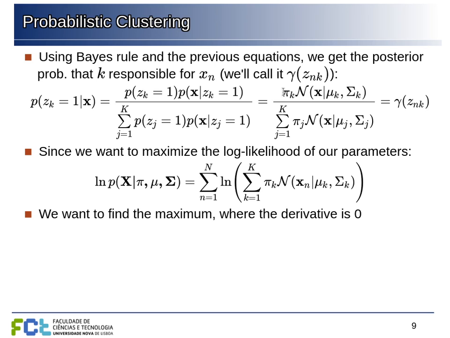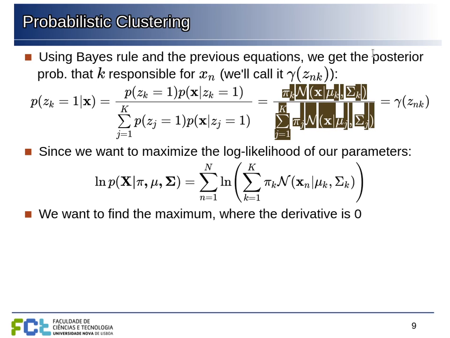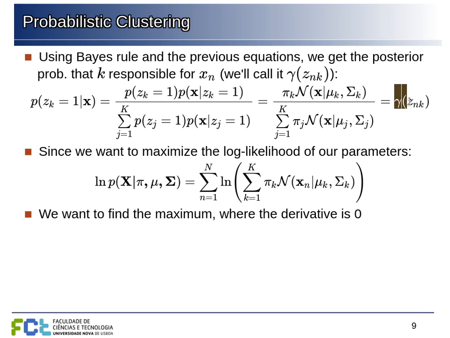To avoid carrying around all of this expression, let's call this the gamma of that particular point n belonging to cluster K. Now we can use this expression instead, but basically this is the probability of point n belonging to the cluster K, given that we know the coordinates, the values associated to point n.